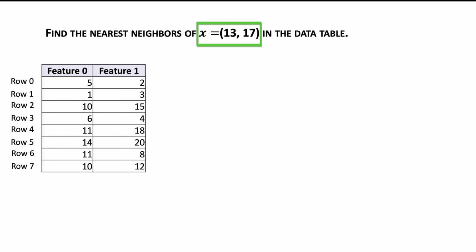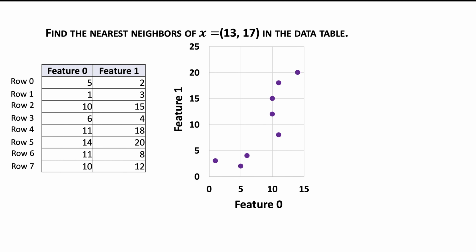Before we go for the actual computations, let us see how the space looks if we plot these rows as points in the space. Let us consider feature 0 as the horizontal axis and feature 1 as the vertical axis. Here are all the points.